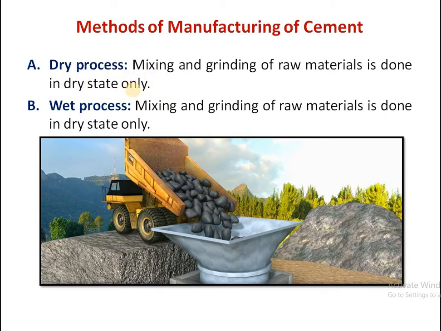Only natural moisture can be present in the natural rocks, and that can be utilized for the manufacturing of cement. But in the wet process, the mixing and grinding of raw materials is done in a wet state only. By addition of about 30 to 50% water, we are doing this wet manufacturing process. So we will see in detail the two methods of manufacturing of cement.